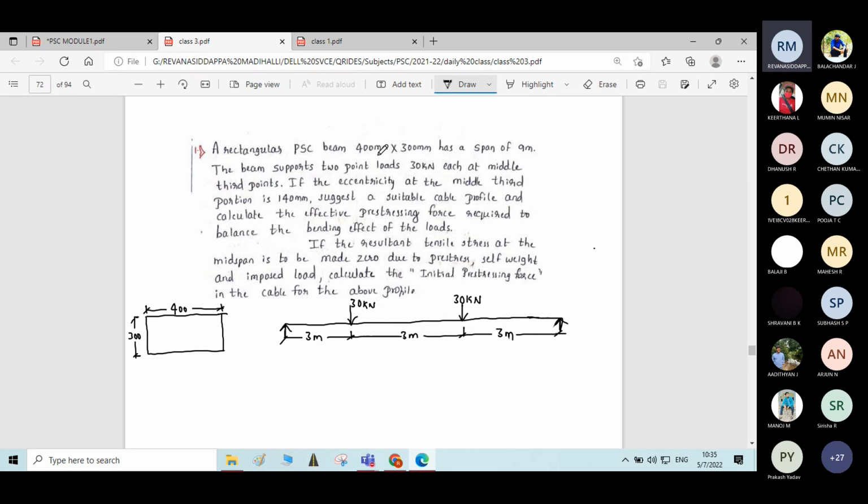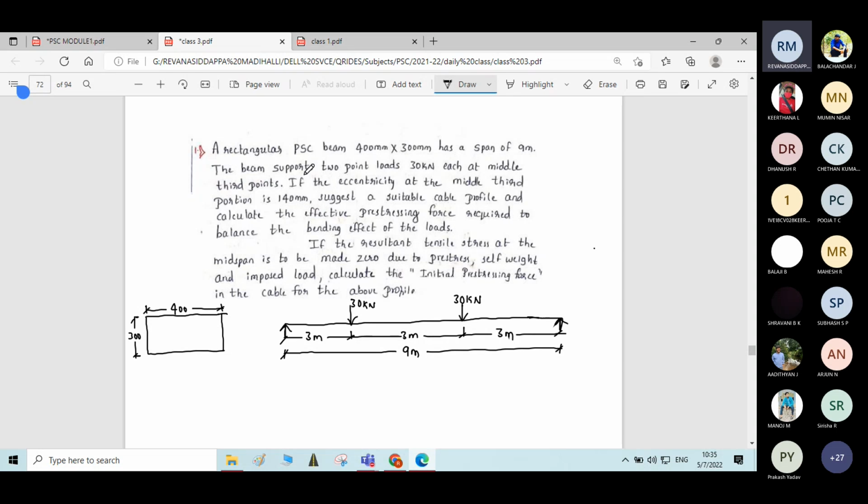Just go through the problem. A rectangular PSC beam 400 by 300 mm has a span of 9 meter. Total span of the beam is 9 meter. 400 by 300 mm dimension I mentioned in the cross section here on the left figure.